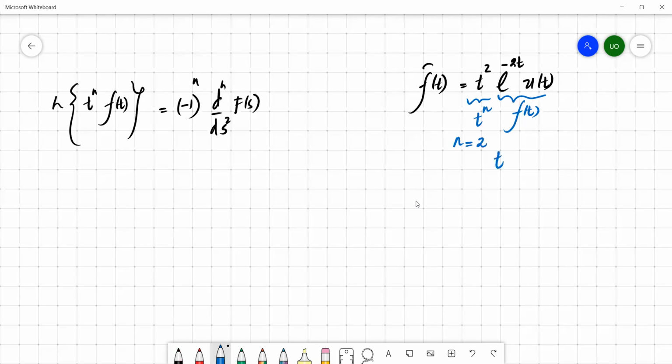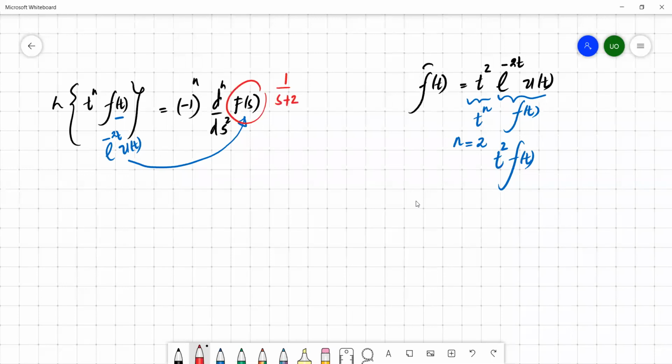So then you will end up with t squared f(t). Now this would be e to the power minus 2t u(t), and this is the corresponding Laplace transform of e to the power minus 2t u(t). You can just refer to the table, and it basically becomes 1 over s plus 2.